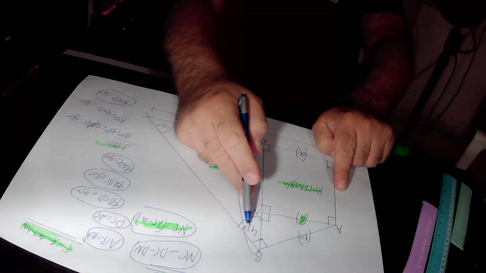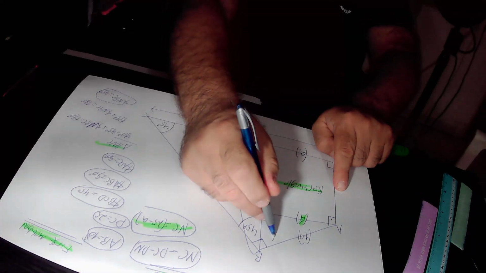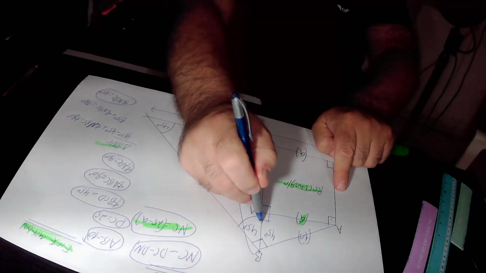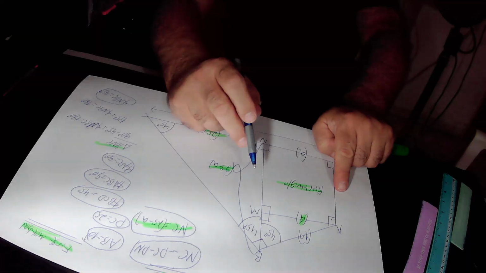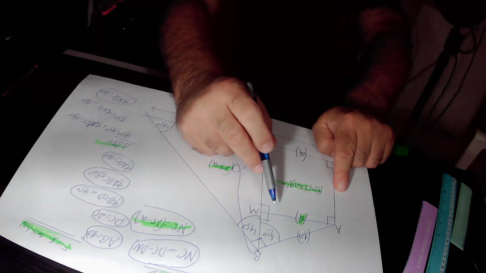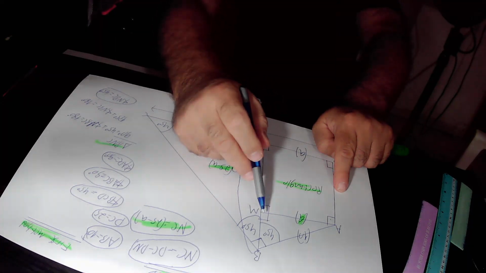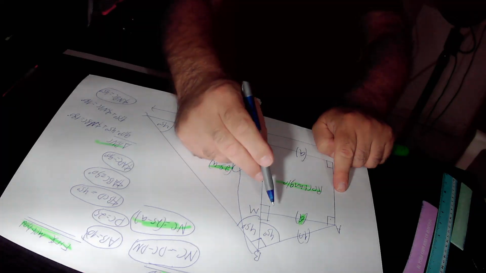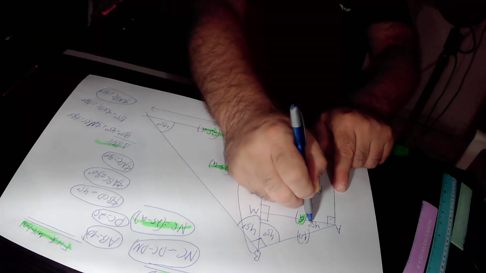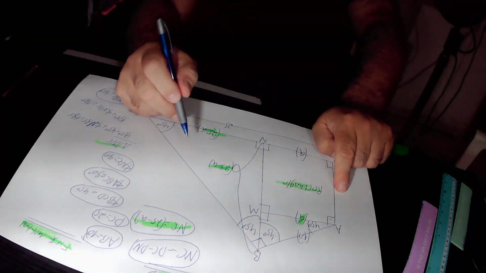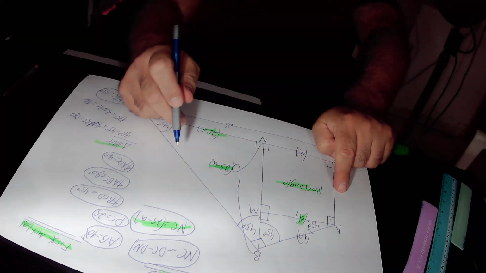So 90 degrees minus 45 degrees is 45 degrees. So in the right triangle ABM, this angle equals 45 degrees, this angle equals 90 degrees, and therefore this missing angle must be equal to 45 degrees in its size, according to the rule that the sum of the angles in any triangle is equal to 180 degrees.